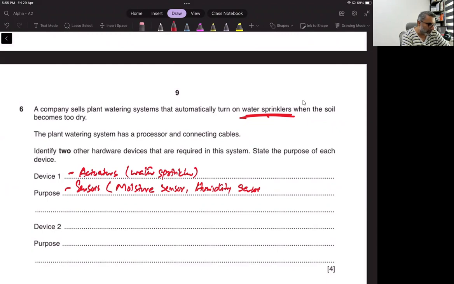Plant watering system that automatically is turned on when the soil becomes dry. The plant watering system has a processor and all. That's it. And an ADC to convert the sensor signal to digital format.